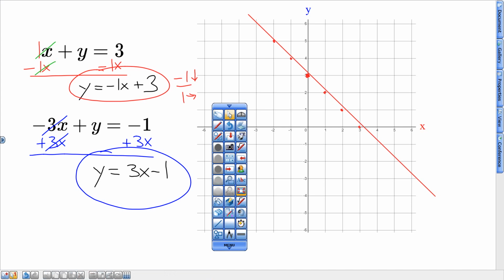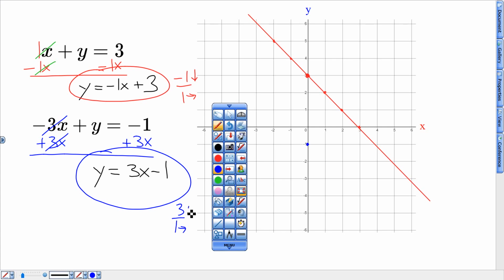Go to that blue one. That blue one starting at negative 1. And this 3 over 1 is telling me that every time I go over 1, I go up 3. Right here, touches right away. Draw that line.